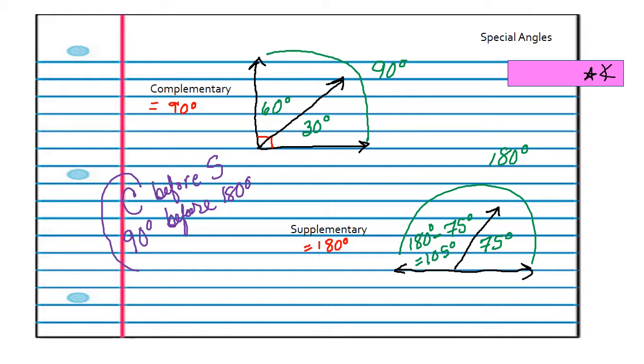So the C, which is low, equals a lower value, while the S, which is further along in the alphabet and number line, equals 180. You can find your own special way to remember that complementaries are 90 and supplementaries are 180.